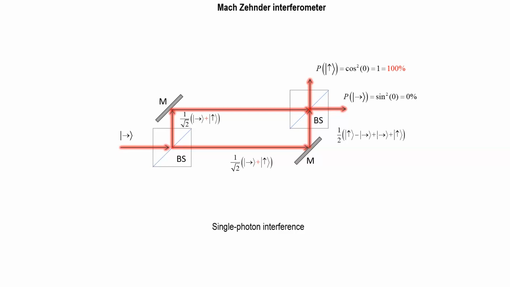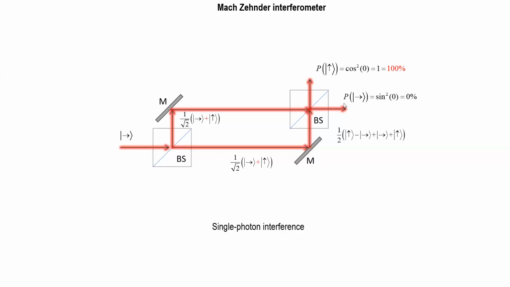So the interference, or better to say the probability amplitudes of a single photon, interact with themselves, and the result of the interference, for example, gives 100% probability of finding a photon in the vertical direction. Of course, changing the distance between the beam splitters can make the horizontal photon 100% probability and vertical 0.